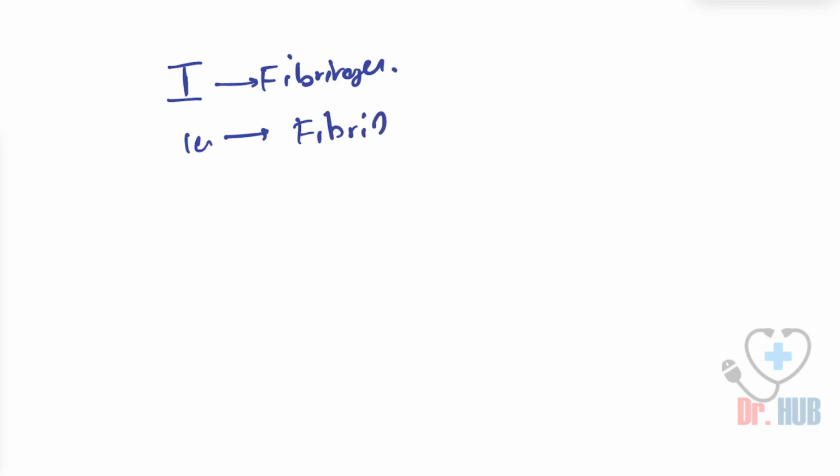Next, we'll be naming some factors. The first factor is 1. 1 is nothing but the fibrinogen. Then 1A is the fibrin. Next, 2A is the thrombin. Then 2 is the prothrombin.